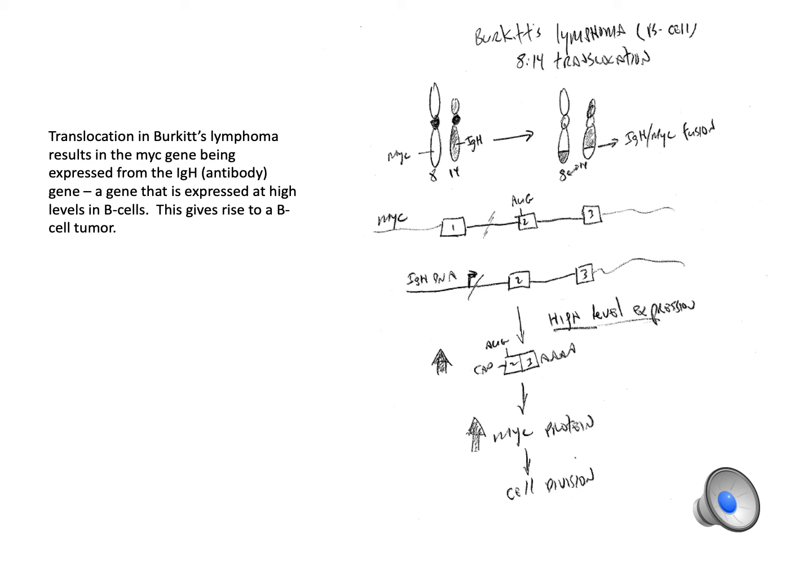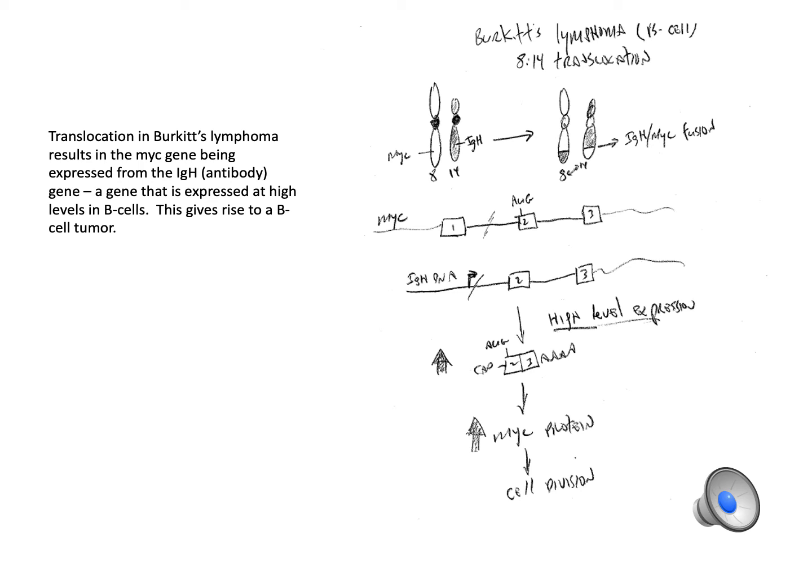Now, it's not a coincidence. Why we get B cell tumors is because the translocation is occurring in a cell where you end up getting a high amount of the MYC protein because it's linked to an IGH promoter, and in B cells, which produce antibody, that leads to very high expression.